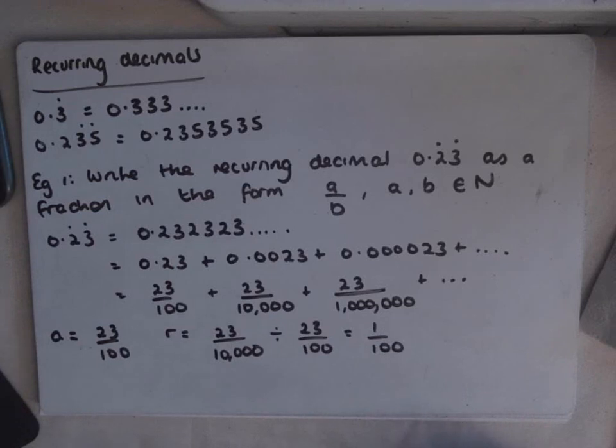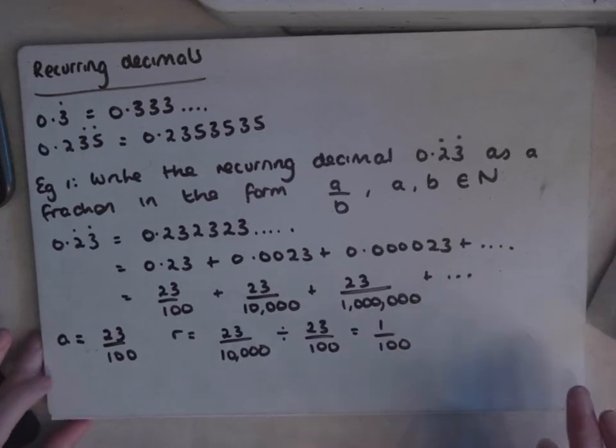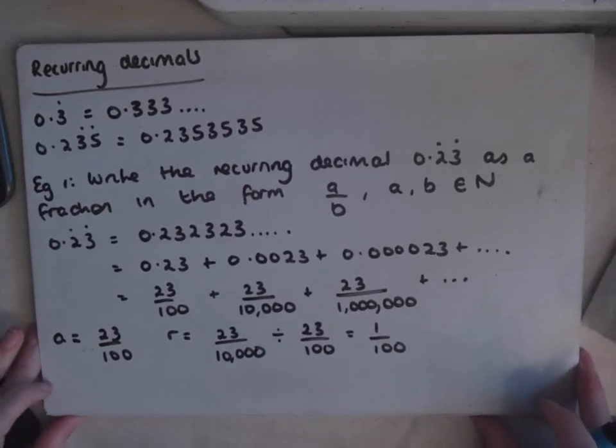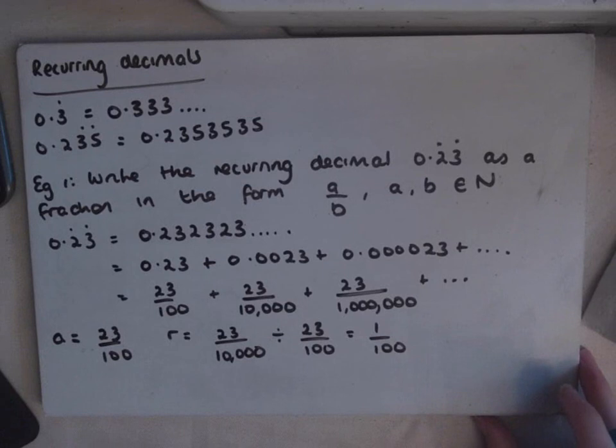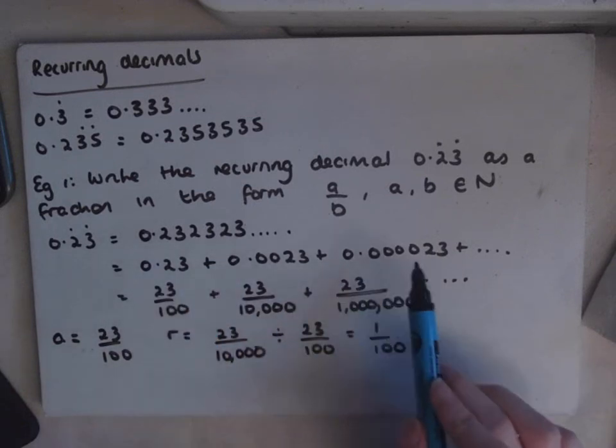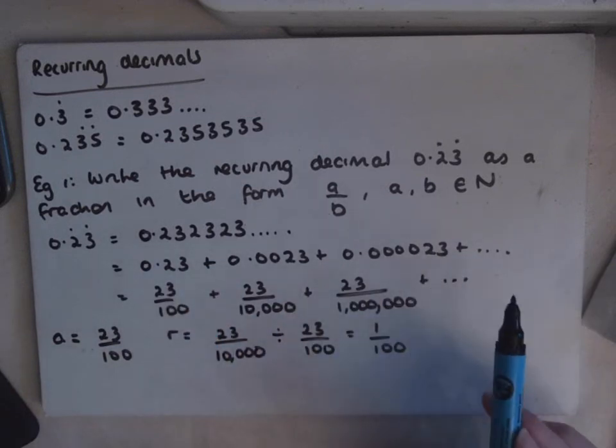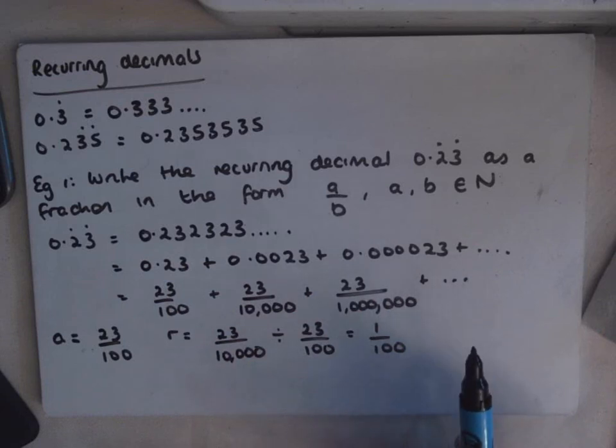Now, to write it as a fraction, you're going to get the limit as n goes to infinity. So we're going to use our sum to infinity to write this as a fraction, because we're adding on an infinite number of these and we're trying to see what it will approach, and it will approach a number.